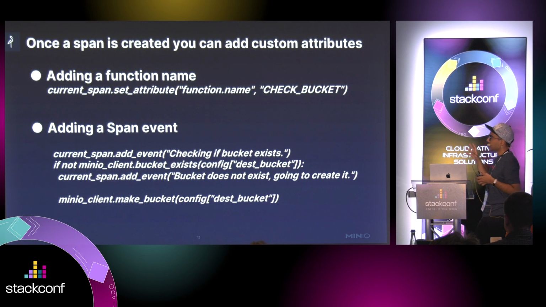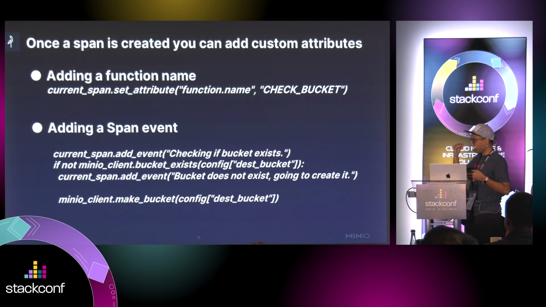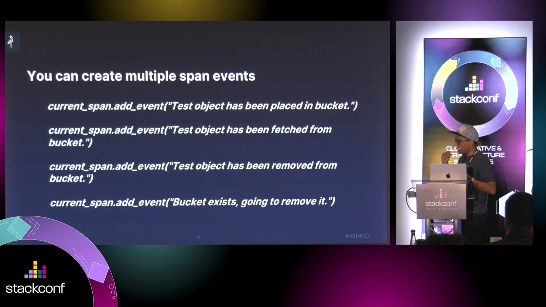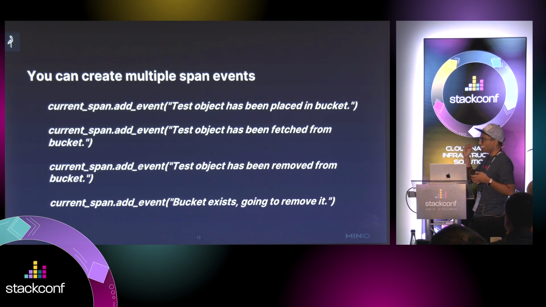These spans can have multiple attributes as well. One thing I like to do is add a function name so that I know which span this trace is coming from, and also a span event. Within that span, within the function, I want to know where each of the processes are going through, and you can have multiple span events under each of those spans.